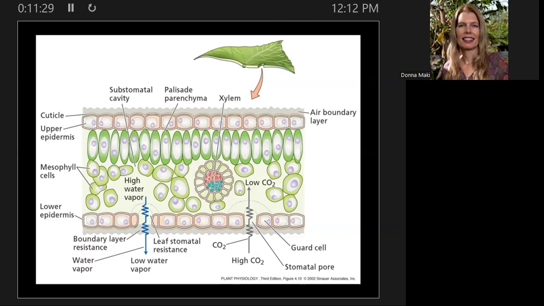If you just replace soil particles with spongy parenchyma and palisade parenchyma, you have the same idea, where you have that liquid water clinging to the surface of these parenchyma cells, and then you get evaporation going on into all this airspace here. So you have liquid water getting converted to gaseous water vapor. And then they're trying to show with this blue line here that the water vapor is exiting out of the leaf because the stomata are open. So if the stomata are open, yep, you've got water vapor exiting the leaf.